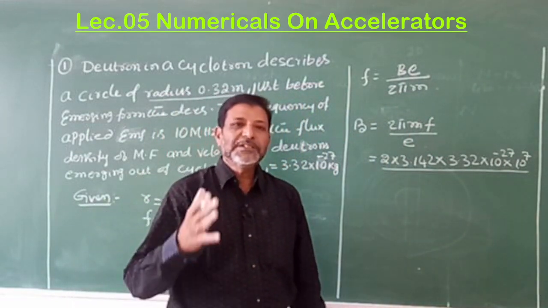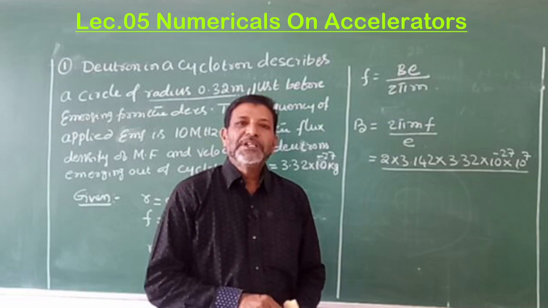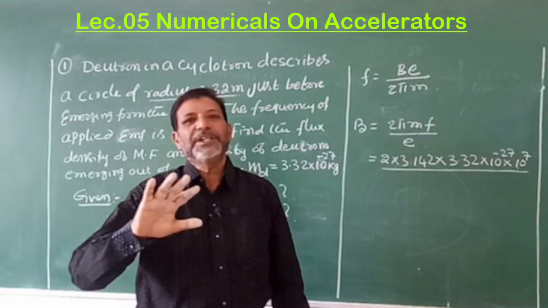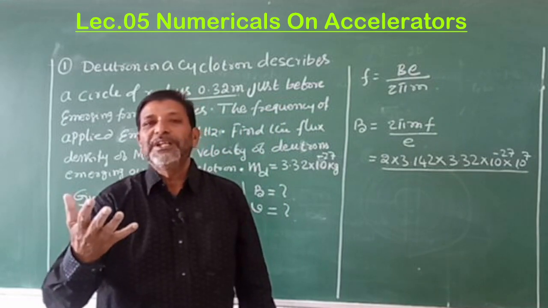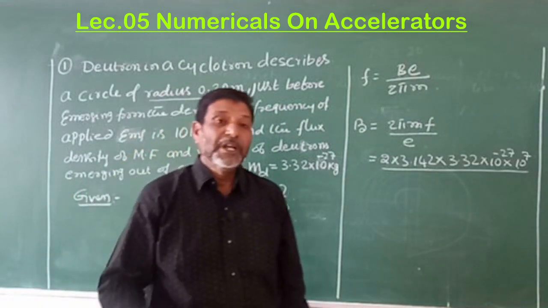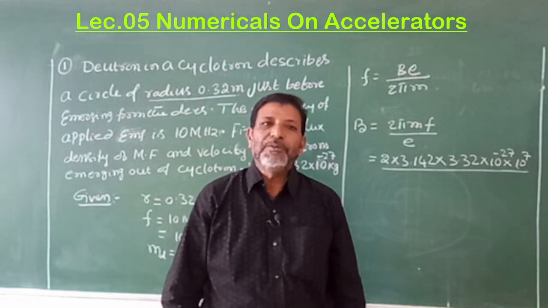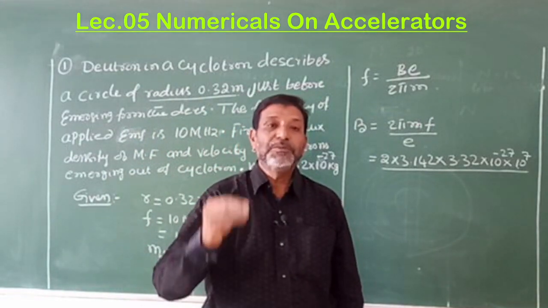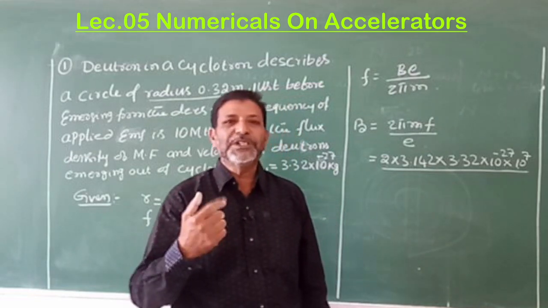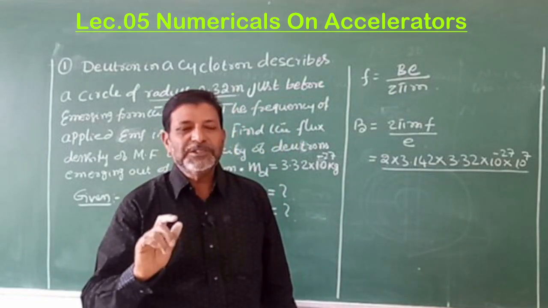Listen here. In some cases, values which are well known to you will not be given in the question paper, because they are well known factors which must be known to you. Deuteron means atomic number 1, which means 1 proton is present.